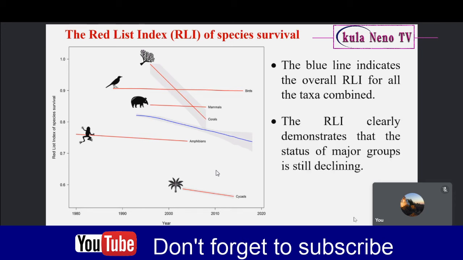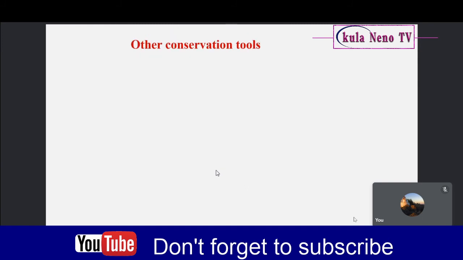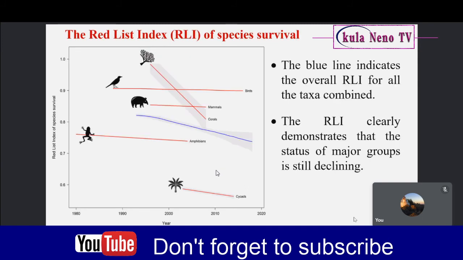So the red list index clearly demonstrates that the status of major groups is declining, as depicted by that blue line. That is the red list index, according to the IUCN.